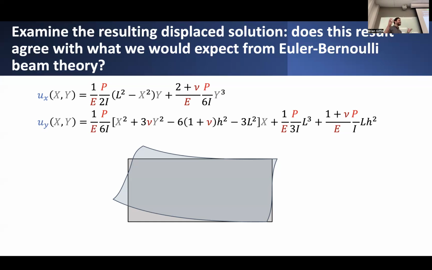It's an open-ended question. Is there anything kind of funny about this that you maybe weren't expecting to see? Given your understanding of beam theory and other descriptions of how beams behave, what was the classical description of beam bending behavior from Euler-Bernoulli beam theory?